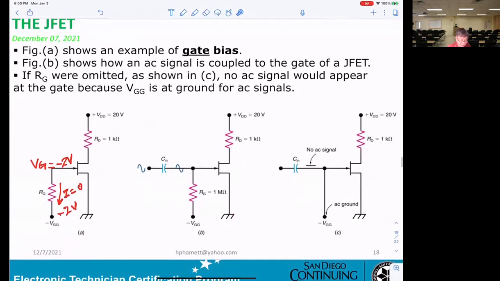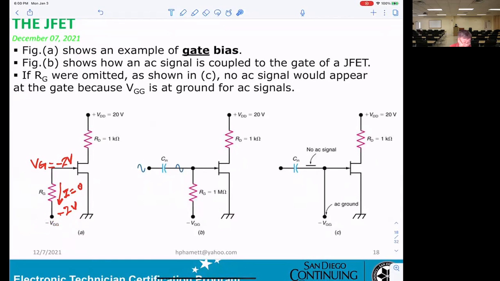Now, this is a fixed bias. How come they call it fixed bias? That means they get a negative voltage here. Okay, so that will be fixed bias.